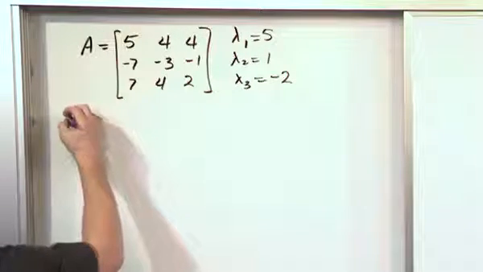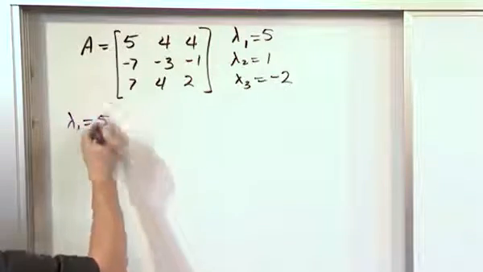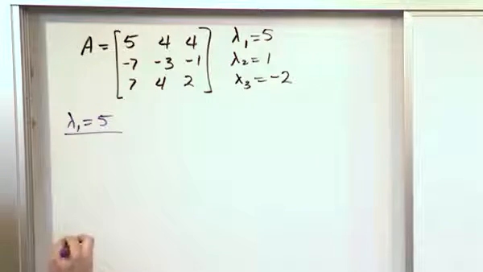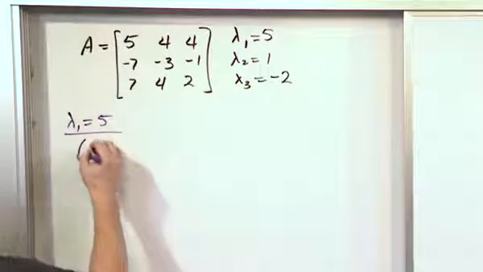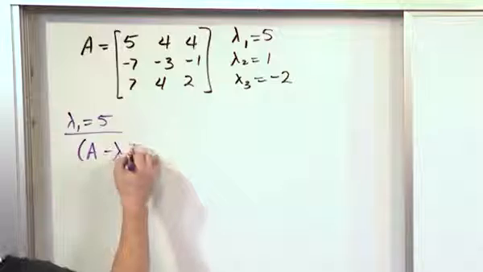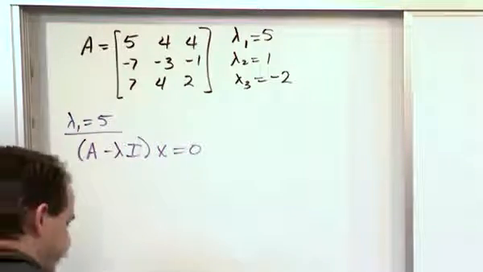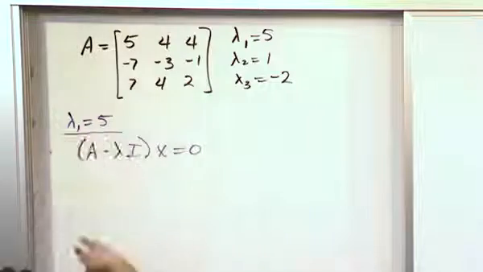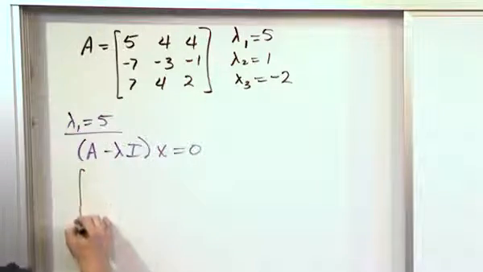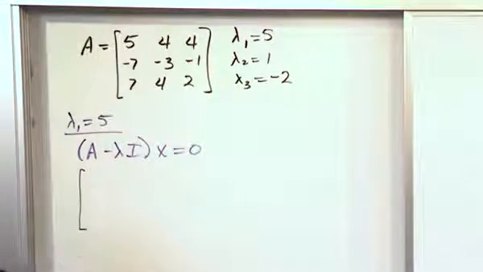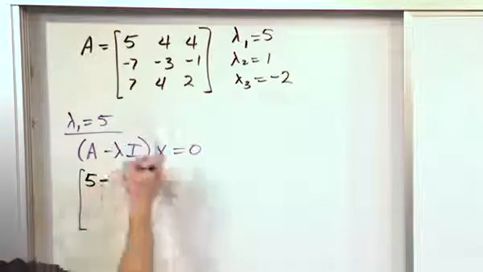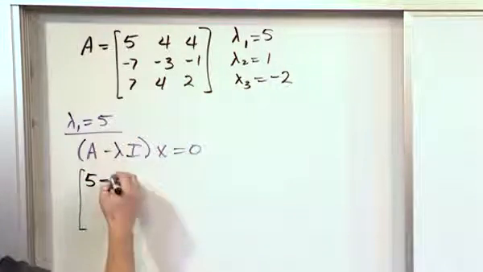So for the first eigenvector that we have, we're basically going to plug it into the characteristic problem, which is A minus lambda I times x is equal to 0. Basically all you do is you take your A matrix and plug in the eigenvalue. So it's going to be minus the eigenvalue that we're doing, which is 5.